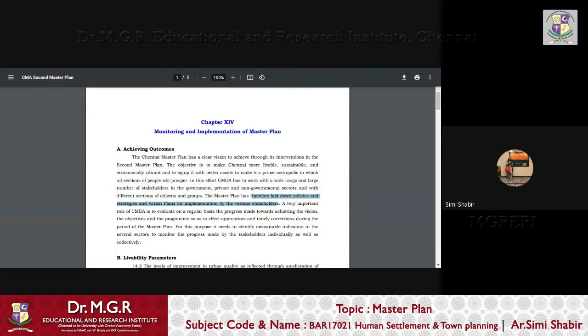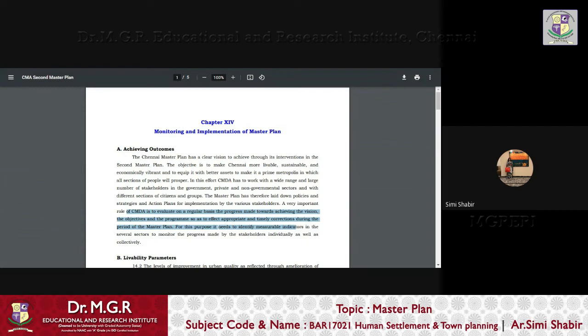A very important role of CMDA is to evaluate on a regular basis the progress made towards achieving the vision, the objectives, and the program, so as to effect appropriate and timely corrections during the period of the master plan. For this purpose, it needs to identify measurable indicators in the several sections to monitor the progress made by the stakeholders individually as well as collectively.